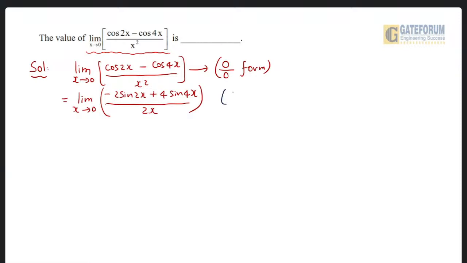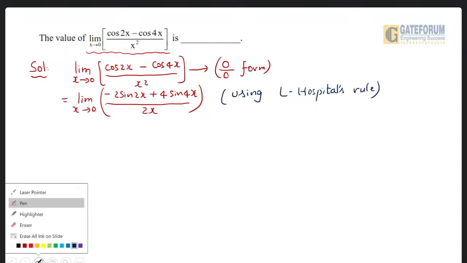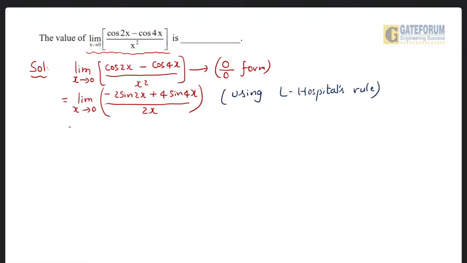Using L'Hospital's rule. Now this is equal to, again, sin 0 is 0, denominator 2 into 0 is 0, 0 by 0.